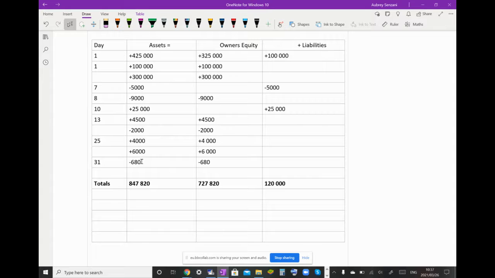Okay. Then obviously if you add all that up, you should get these amounts that we have over here. Okay. And if we want to verify whether we did the right things, we say to ourselves 727,820 plus 120,000. What do we get? 847,820.